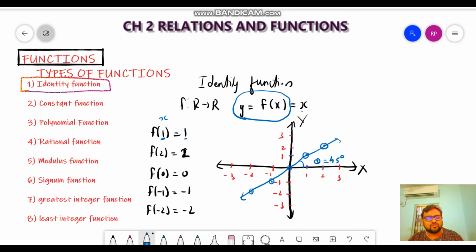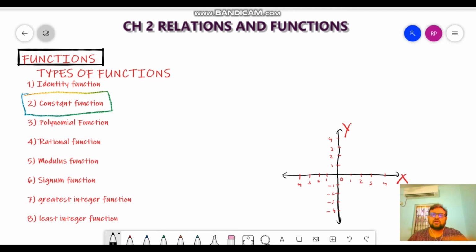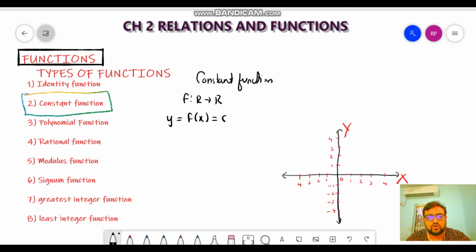Now let's do the next type of function, that is the constant function. If I take again a function from R to R, but now y = f(x) = c, any constant, then we say it is a constant function. Let's take f(x) = 3.